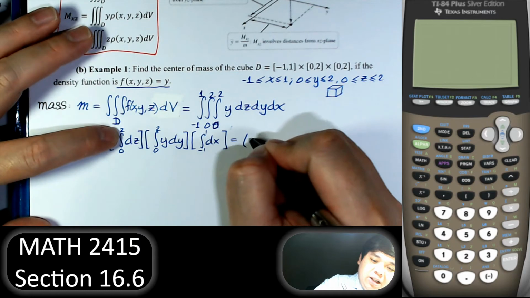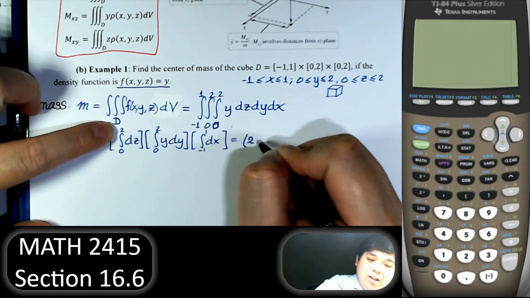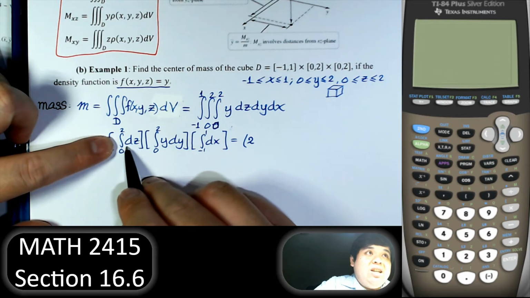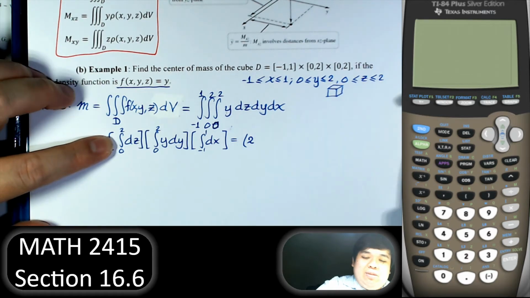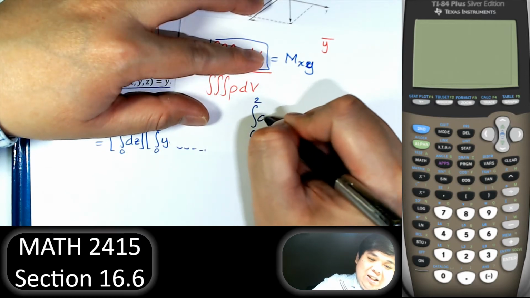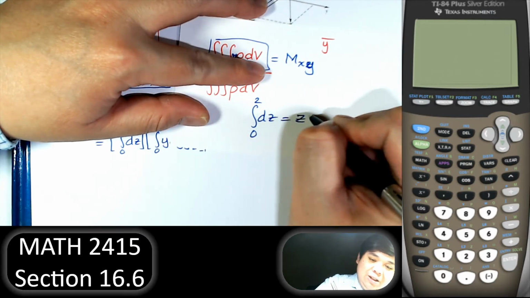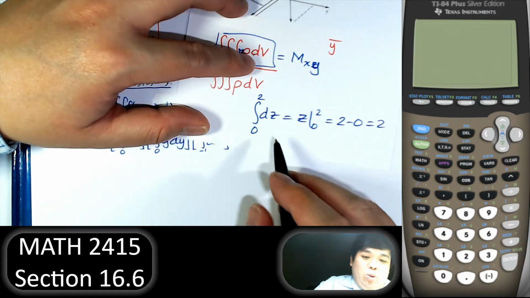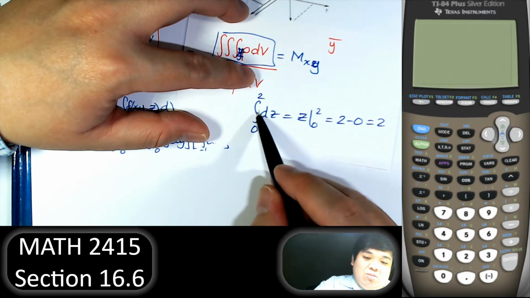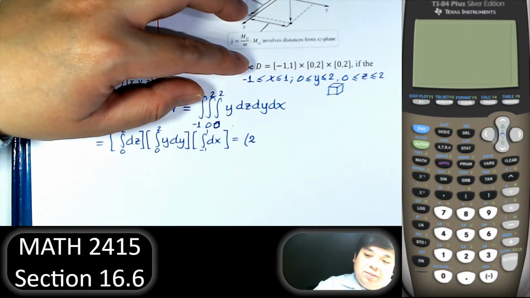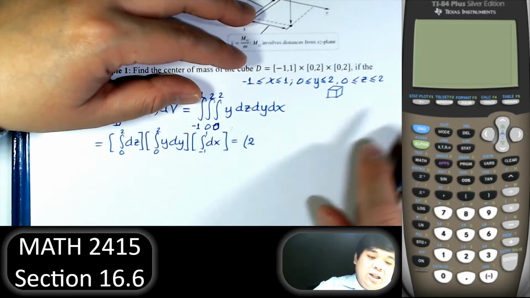The integral from 0 to 2 of dz is just z, which is 2. When we integrate this, there's just 1 here, so we just subtract the limits: 2 minus 0.